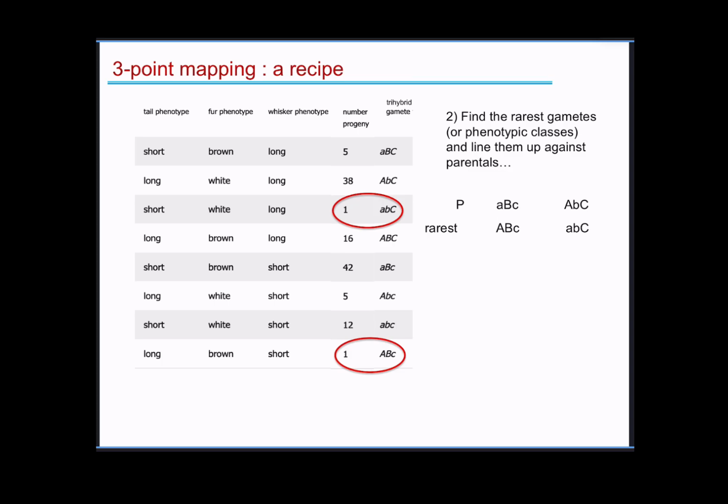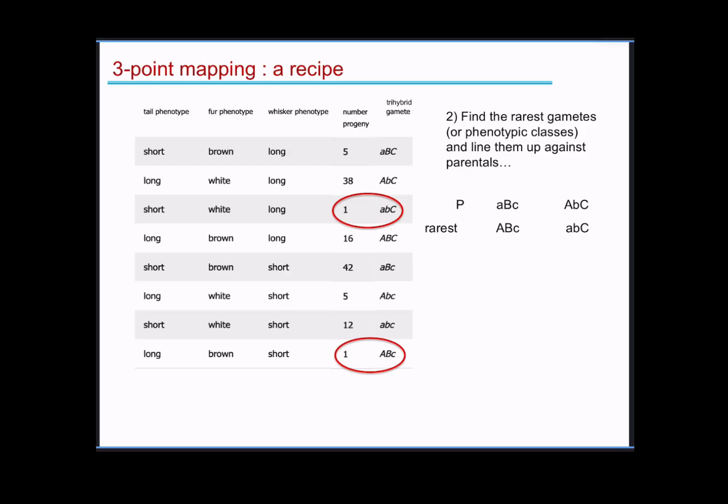Second, you go the other way, the other extreme. You go find the rarest of gametes. What is the rarest of phenotypes in this cross? By looking at the numbers, 5, it's kind of close, but there is a 1 here and a 1 here. So the absolute rarest of the gametes are these guys that I wrote here. Does that make sense?